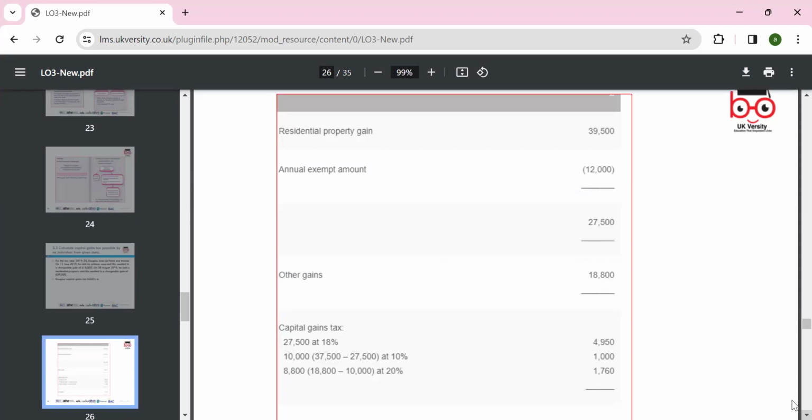First the 27,500 is taxed at 18% as the residential property gain. Then the remaining limit for the basic rate band is 37,500, so 10,000 will be at the 10% rate, and the remaining will be at 20% of the capital gain on the other assets.